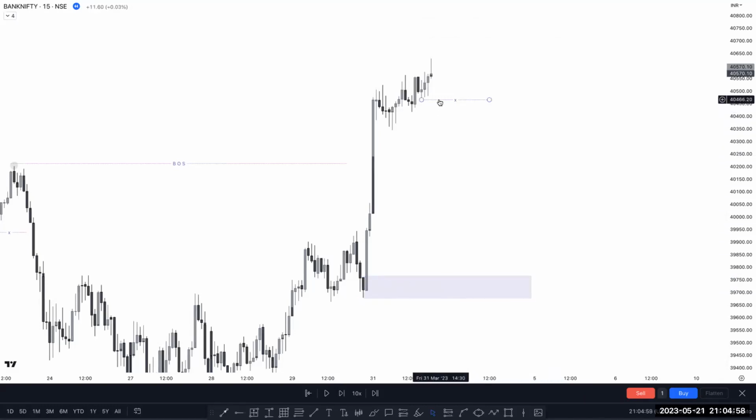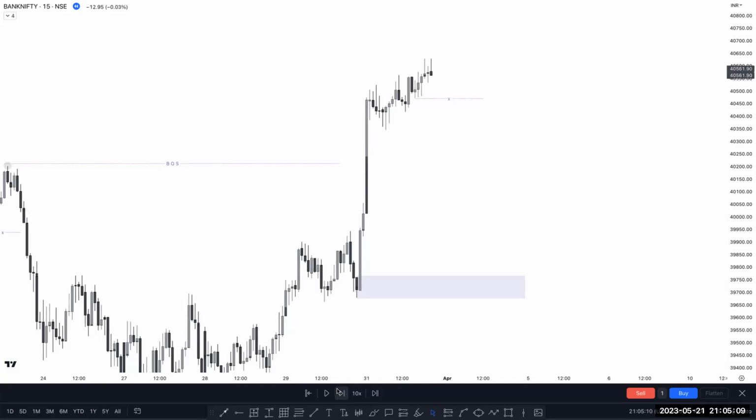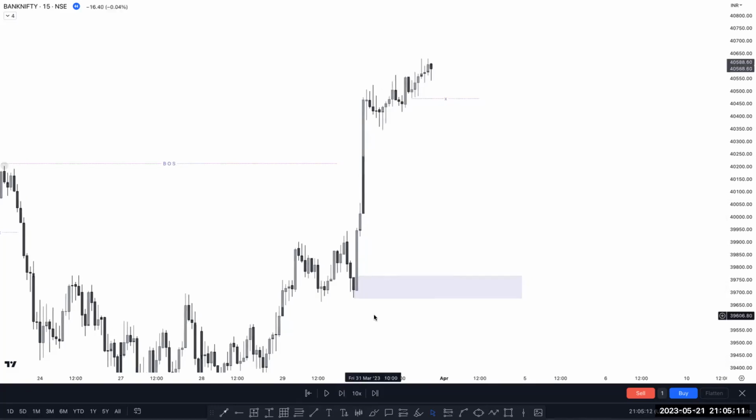If the market takes out this inducement and creates a single candle order block, then definitely you can buy here, because momentum is bullish and everything looks bullish, right? So let's wait for it to take out this one or create a new structure.